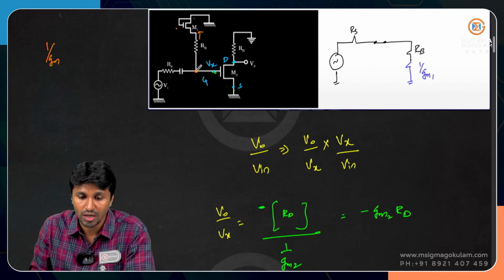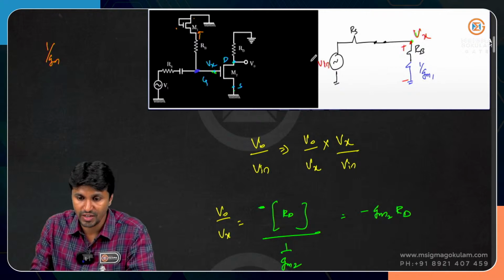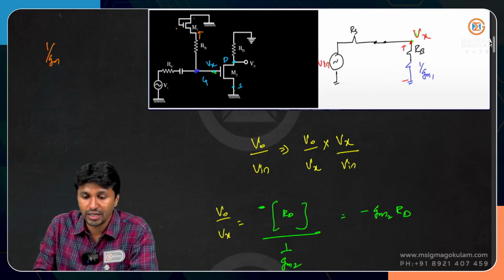The voltage at this node with respect to ground is Vx, and this is Vin. So all you need to find is Vx by Vin.